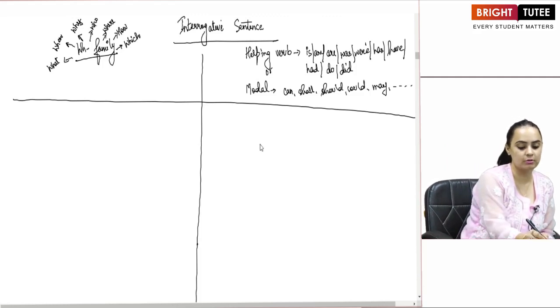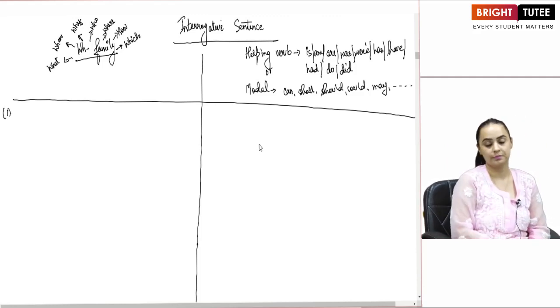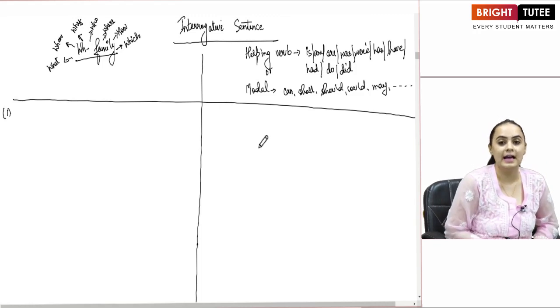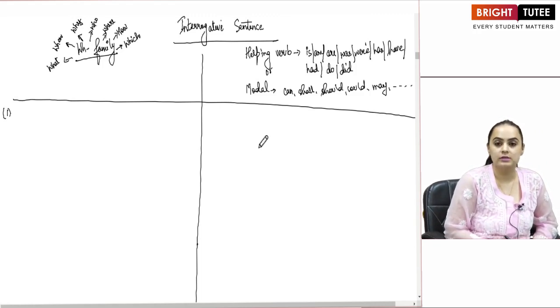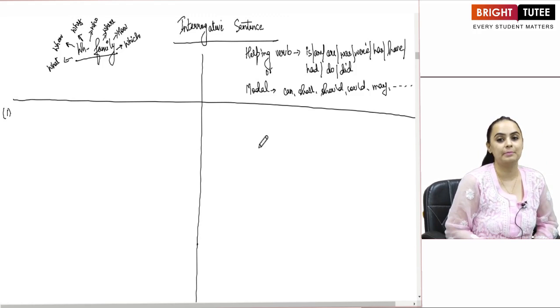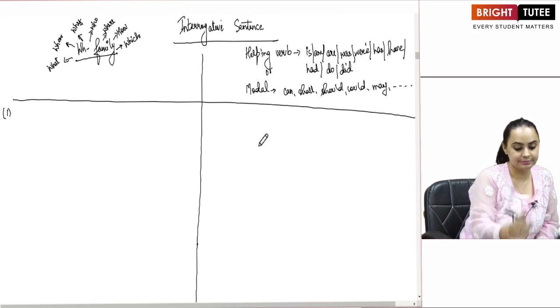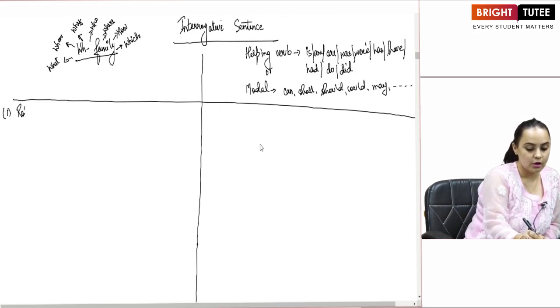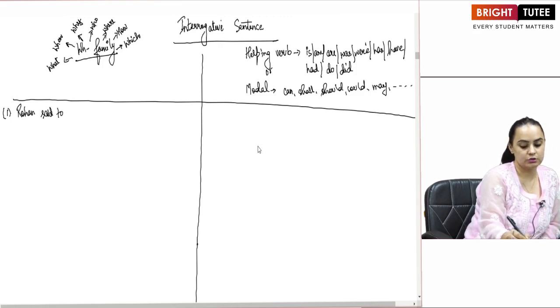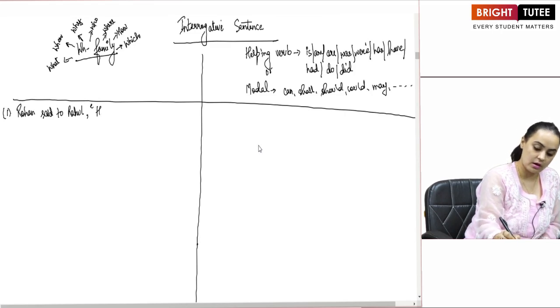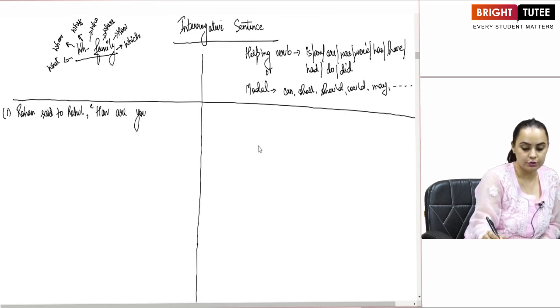First, let us talk about the WH family word. If my direct speech begins with a WH family word, how are we going to change it to an indirect speech? Let us see. Rohan said to Rahul, how are you?